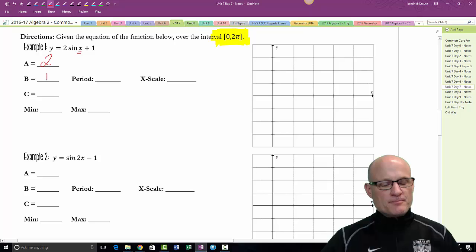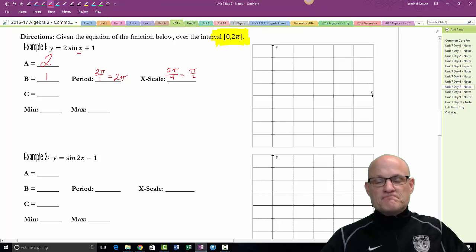B is 1. Now remember, period is defined as 2 pi over B, which is 1. So that means it's just going to finish in 2 pi. X scale is period, which is 2 pi, divided by 4, which is really just pi over 2.